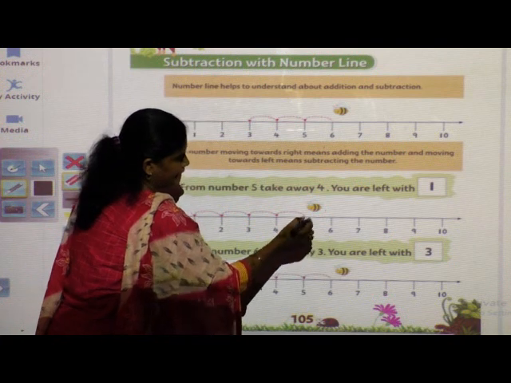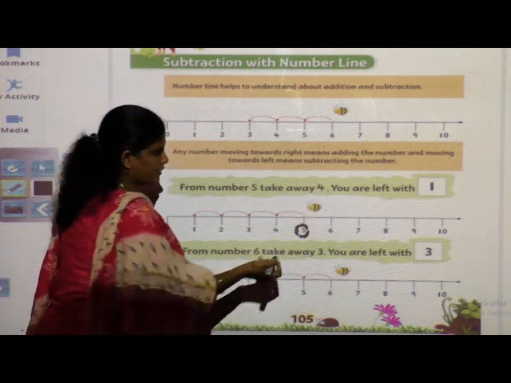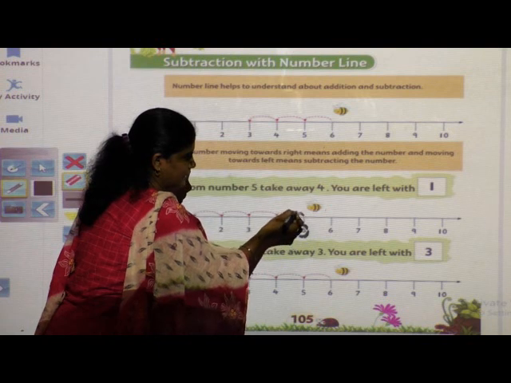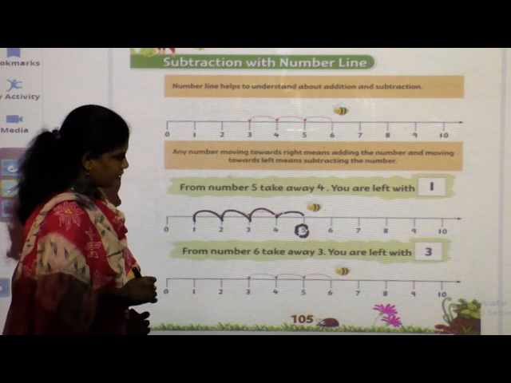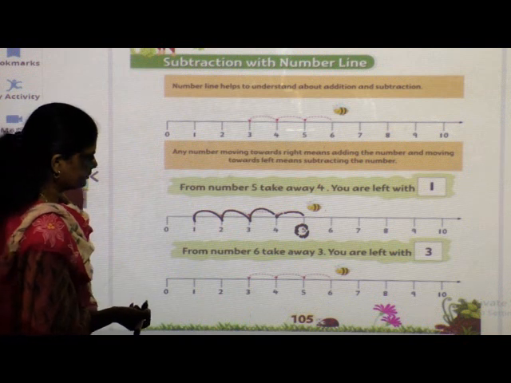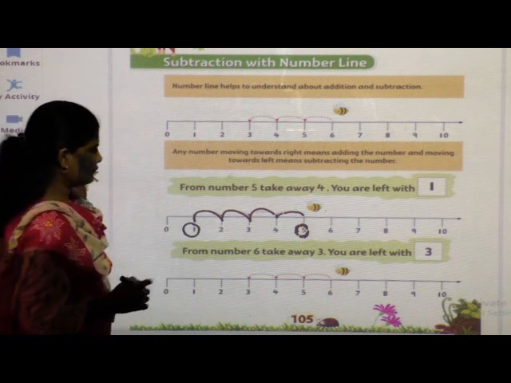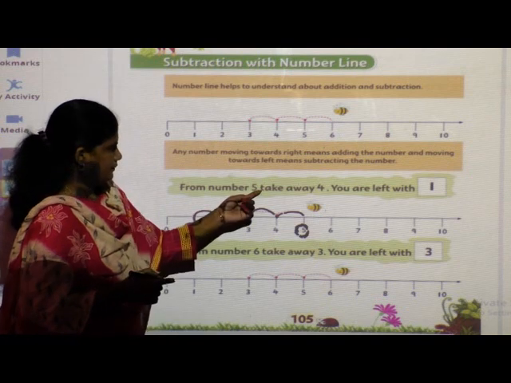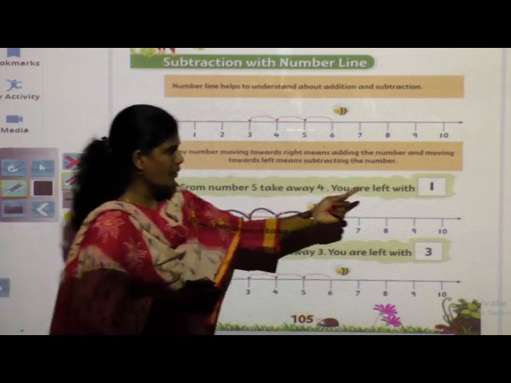From this number 5, we have to take away 4 numbers. How many numbers? 4 numbers. So what will we do? The honeybee will come. 1, 2, 3, 4. So what will be the number? Yes, 1. If you remove 4 from 5, we will get the answer 1.